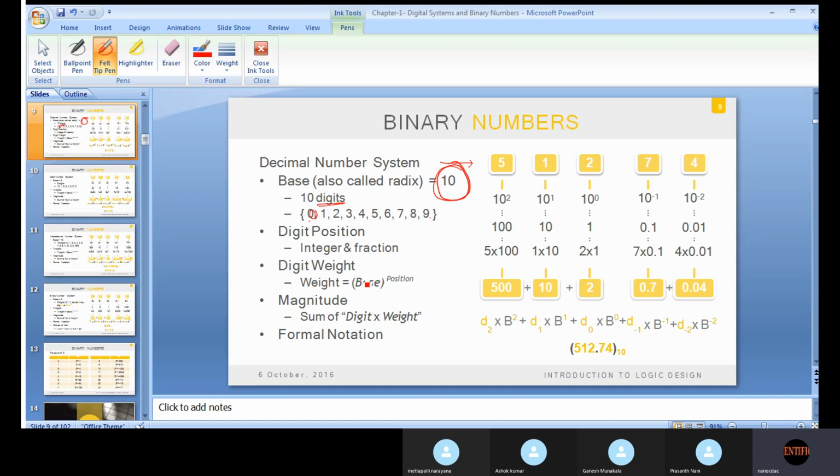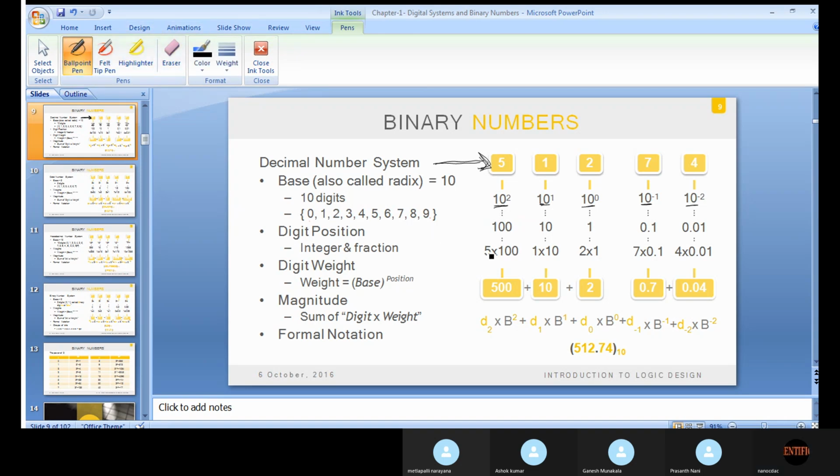Digit weight is the base power position, where positions are -2, -1, 0, 1, 2. Base power position gives the weight of the digit. Magnitude is the sum of digit into weight. Let us see clearly again. 51274 is a decimal number, and the base is 10. The positions -2, -1, 0, 1, 2 represent the digit positions.